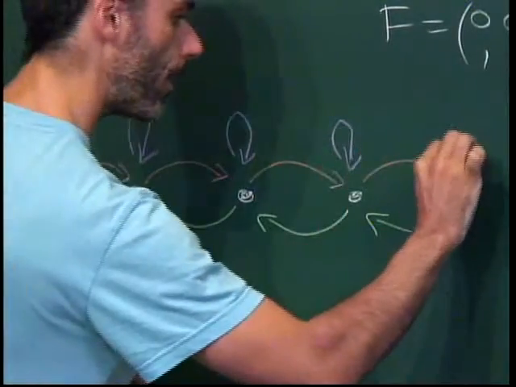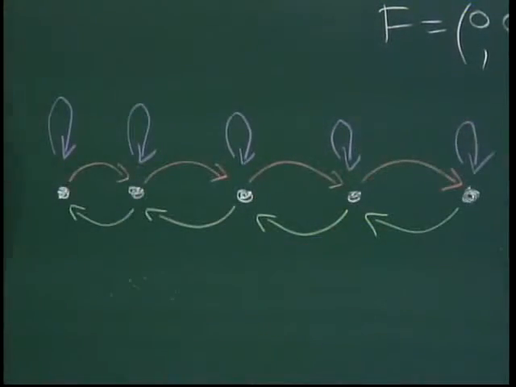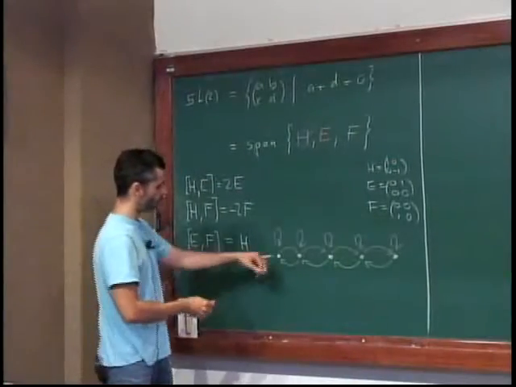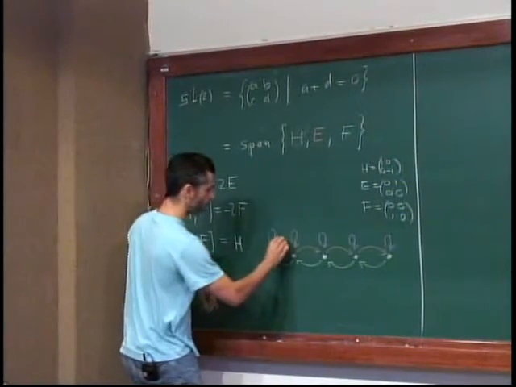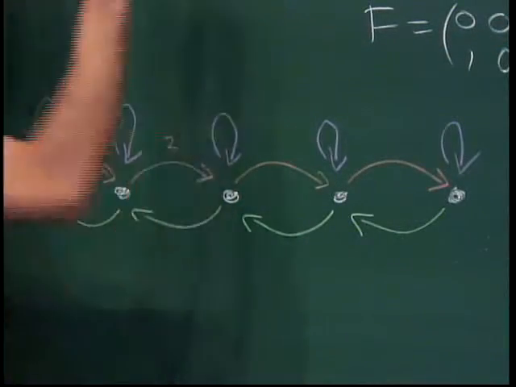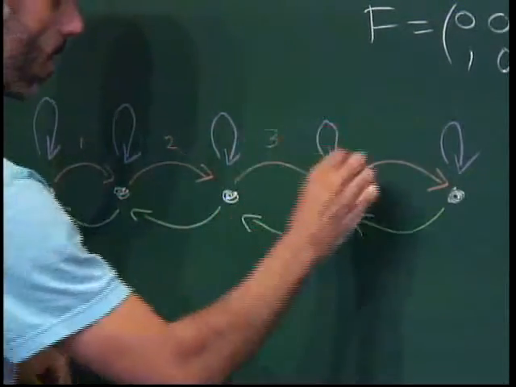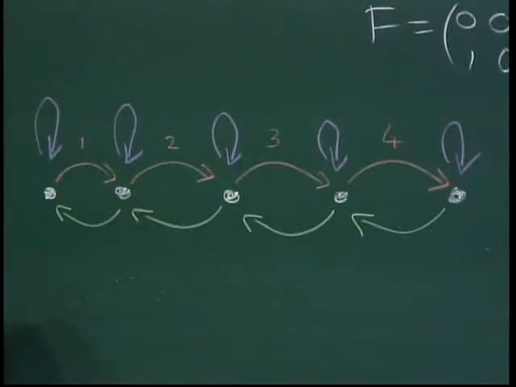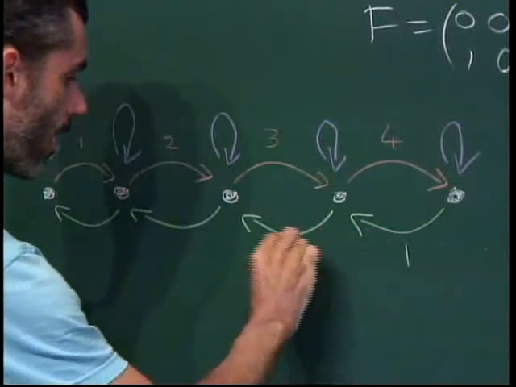Now that's not the complete picture. To have the complete picture, I also need to tell you with what multiplicities these things happen. So this basis element goes to that one, but this one goes to that one times 2, and that's why I put a little 2 here. And this basis element goes to that one times 3, and so on. The F's do the same thing in the other direction.